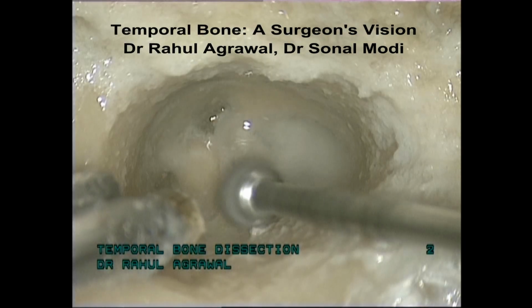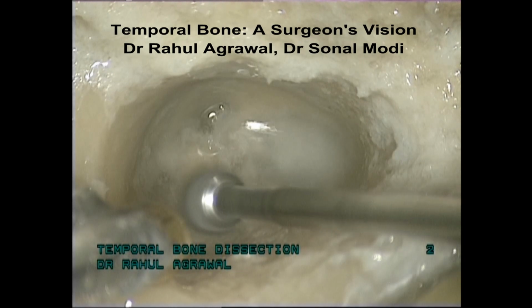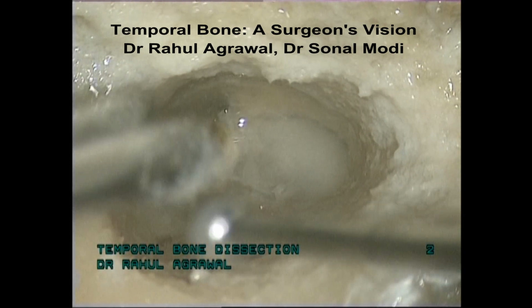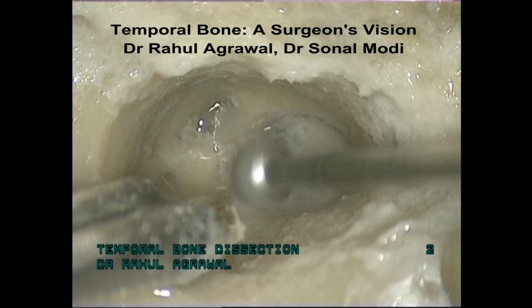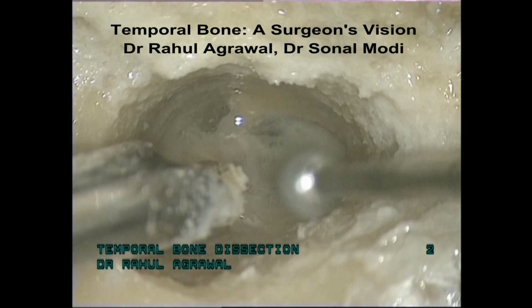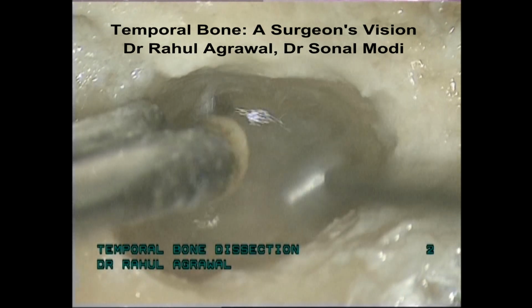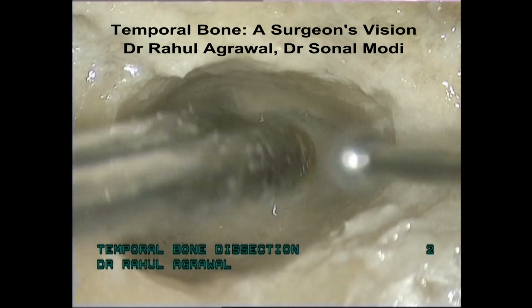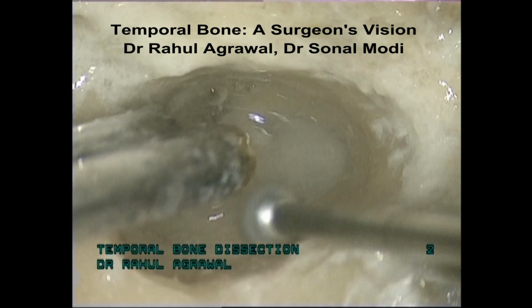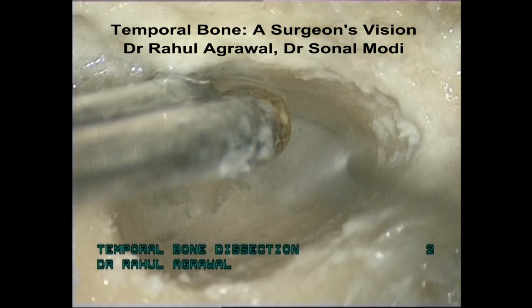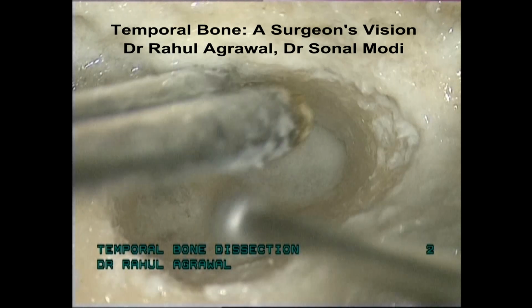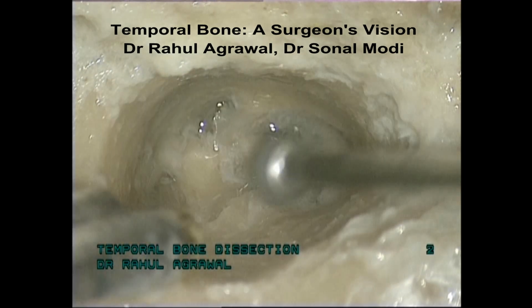You don't have to remove it in bits and pieces. Remove it in a single piece, and then you can obliterate the cavity or reconstruct it, or you may end up with a canal wall down also. So the end result is not always essentially a canal wall down. It can be a canal wall up if you reconstruct it.